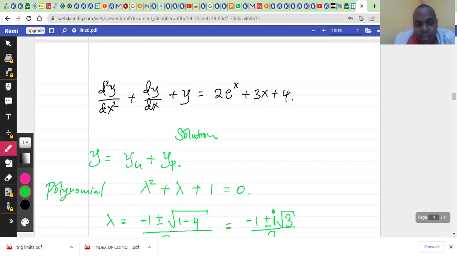Read it, please, as it is on the paper. Okay. So it's the second derivative plus the first derivative plus y equals 2 exponential x plus 3x plus 4. Okay. Wow. Yeah. It looks like that.